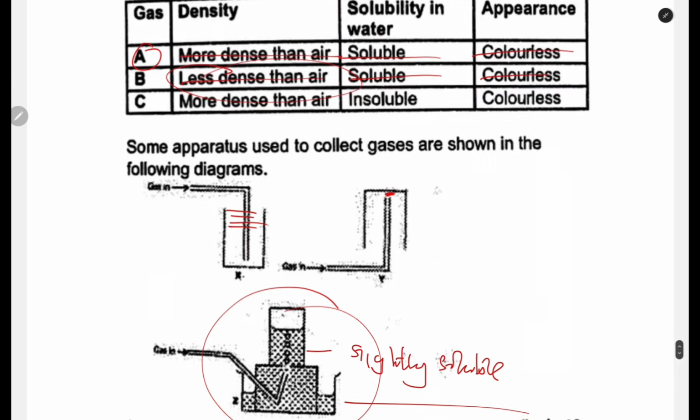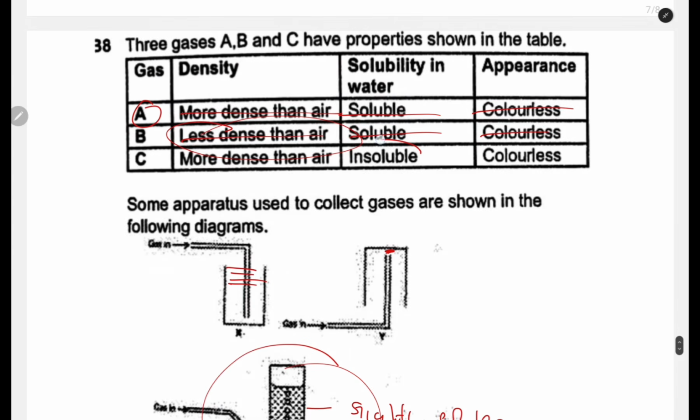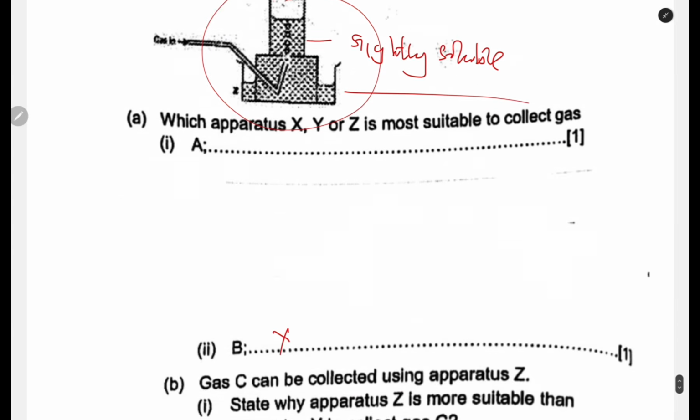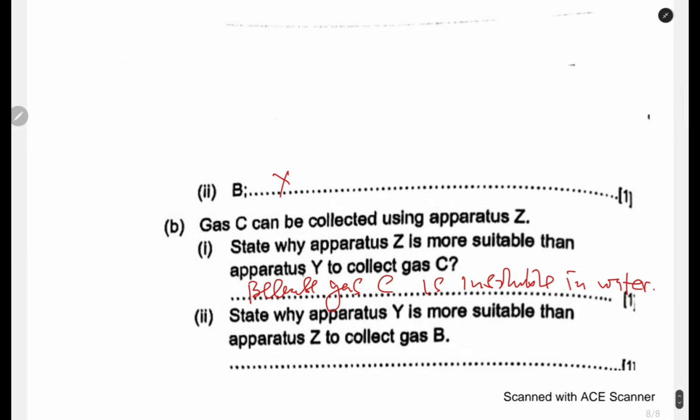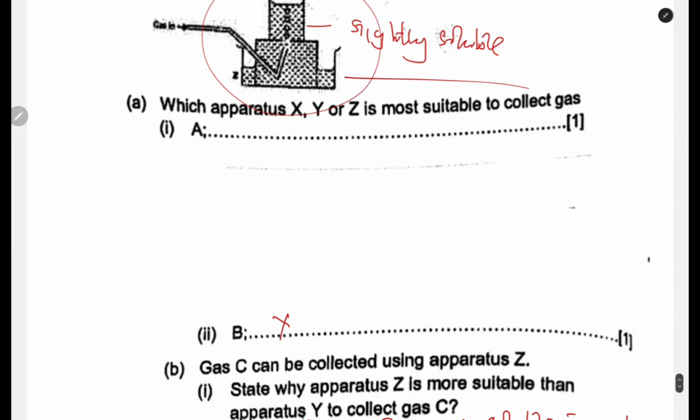So why is C collected? Look at this, it's insoluble in water. So the answer is: because gas C is insoluble in water.